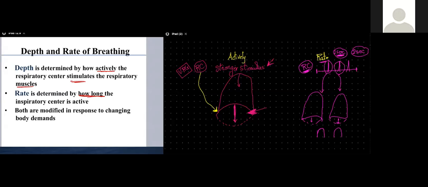I increased the number of breaths per minute. So the longer you activate the respiratory center, the faster the respiratory rate will be. The stronger the stimulus that arises from the respiratory center, the deeper the breath will be. This is the difference between the respiratory rate and the respiratory depth.